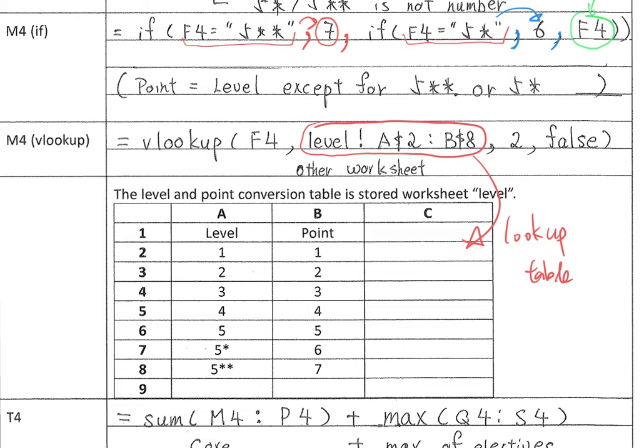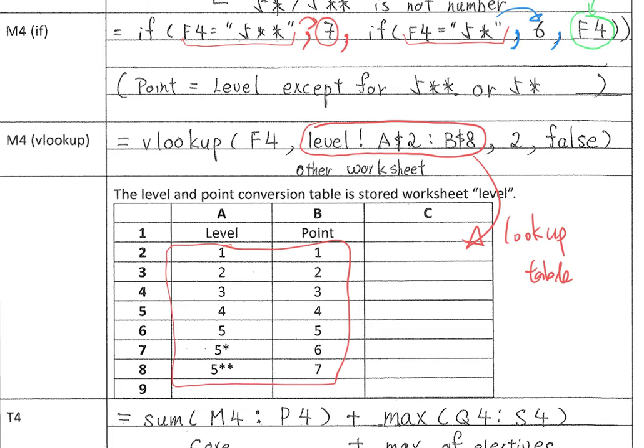We look at the lookup table and match the value in F4 with the level 1, 2, 3, 4, 5, 5 star or 5 star star. If we match them, then the point will be shown.